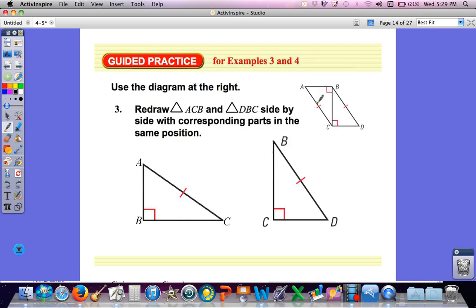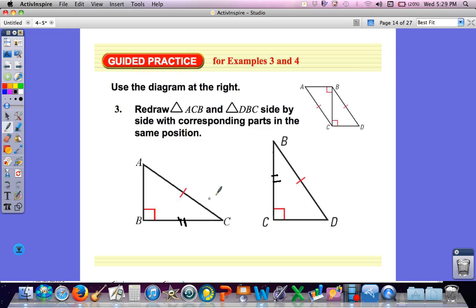So, guided practice number 3. They want you to redraw the diagram to show the corresponding parts, so that you can mark up the corresponding sides. These don't look congruent, but we're told that AC and BD are congruent. Since we've marked that congruent, and they're both right triangles, BC is going to be congruent to BC.